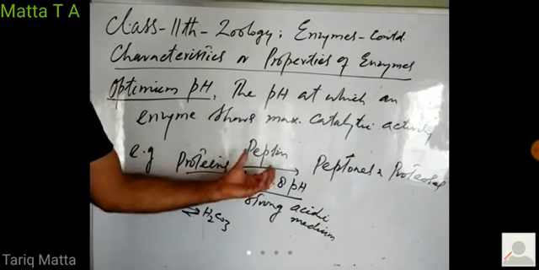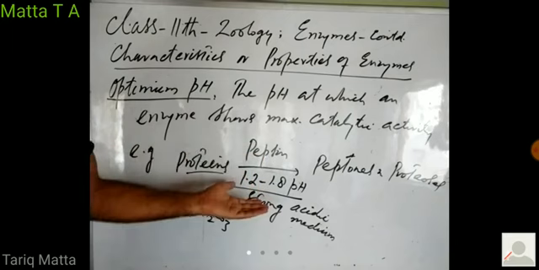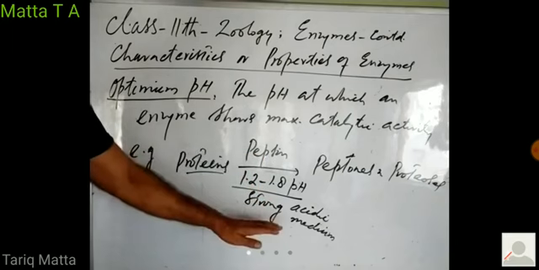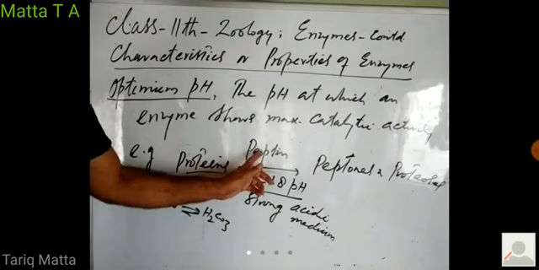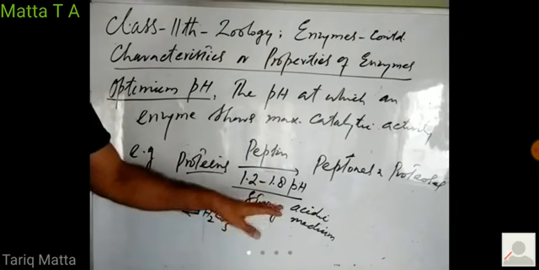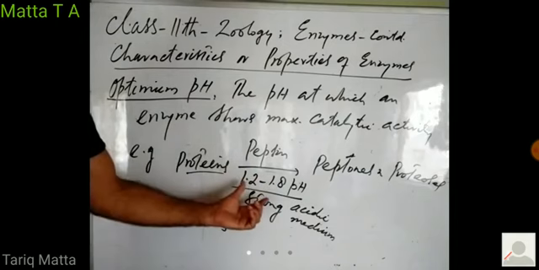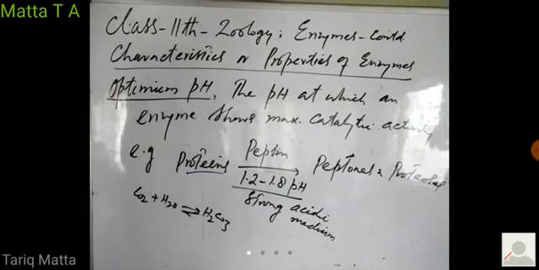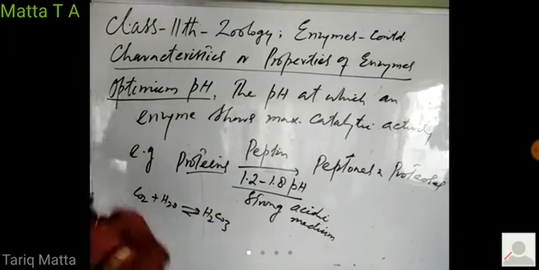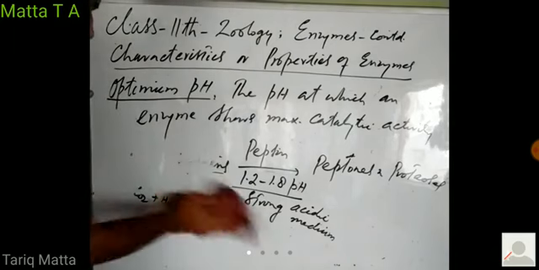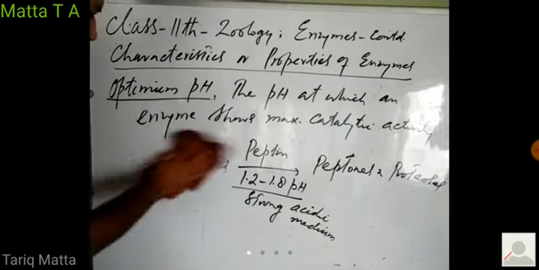It will slowly decrease. If the pH is lowered, the catalytic activity of pepsin is increased, right? So when you take Coke, that creates acidity in the stomach, and in that acidic medium pepsin shows maximum catalytic activity.